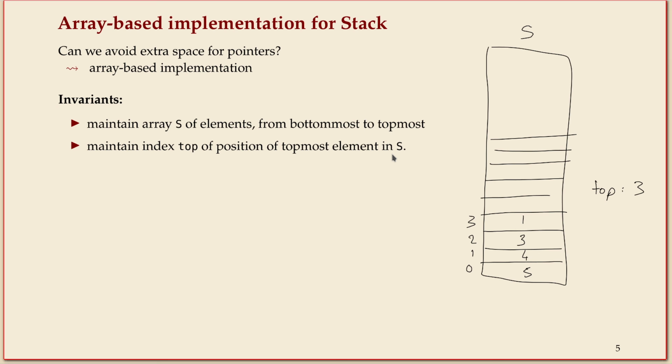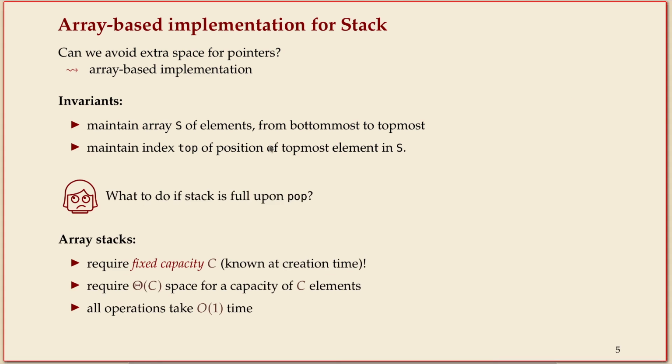Now, there is a catch with this, and that is if we filled the array entirely, so if top is the size of the array, then what should we do upon a push? If we get another push and the stack is full, we don't have space in the array, so we're throwing our hands up and start crying.